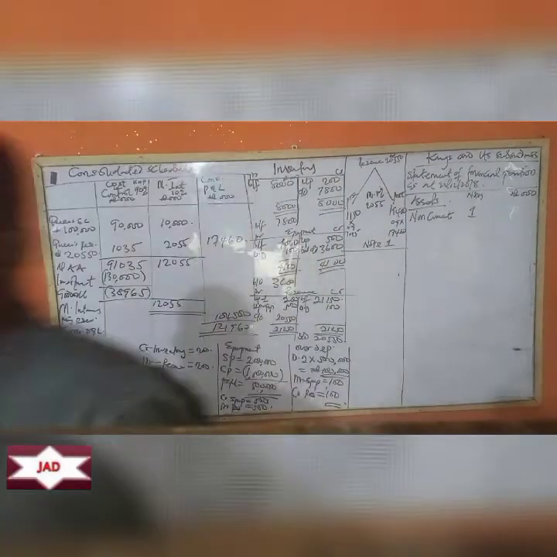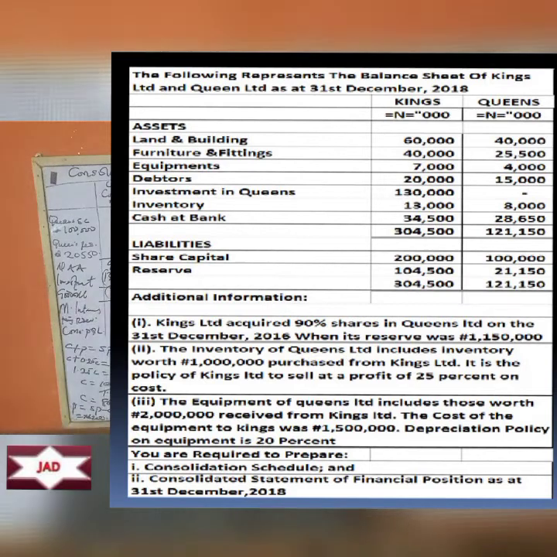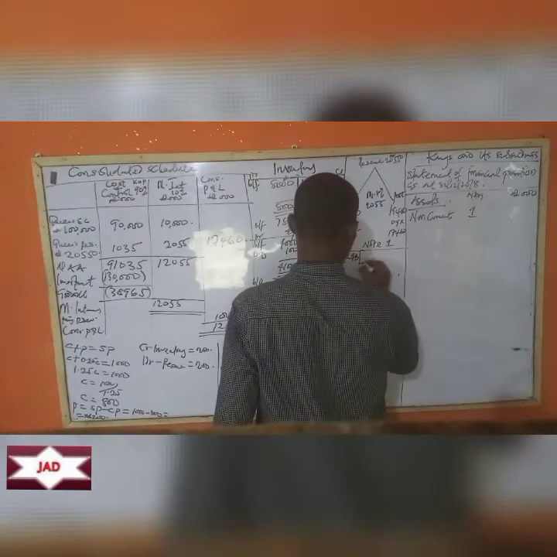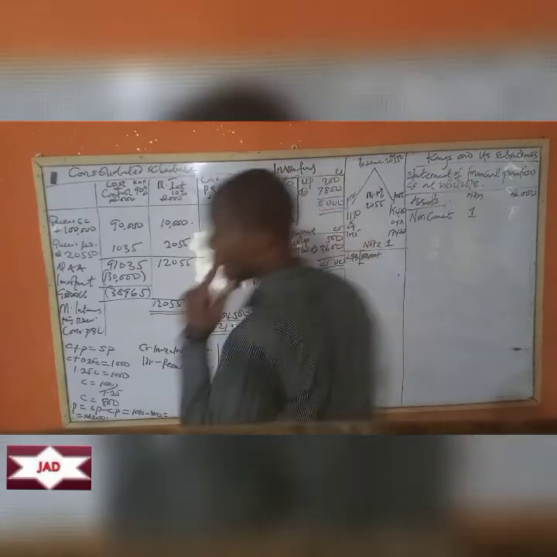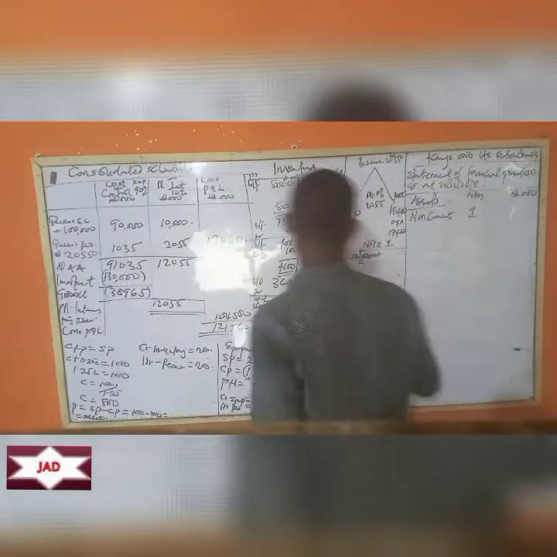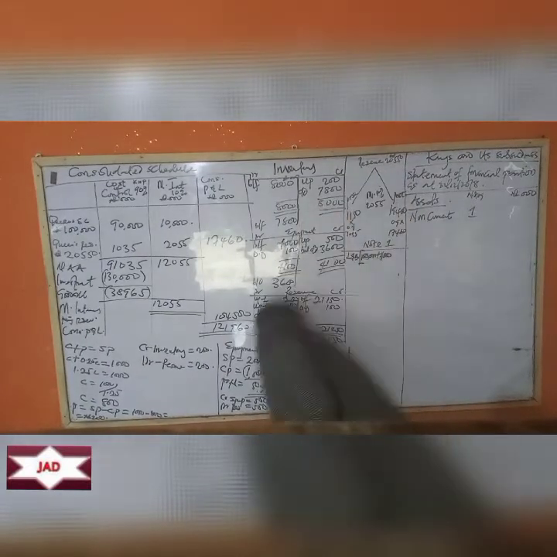So what do we have? Land and building. That's 60,000 plus 40,000, that's 100,000.